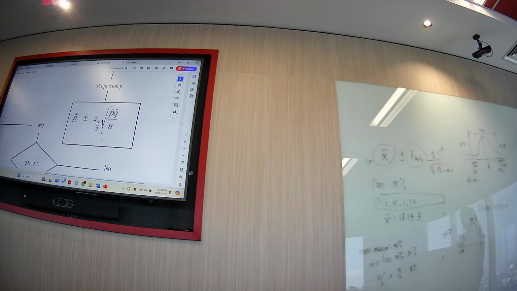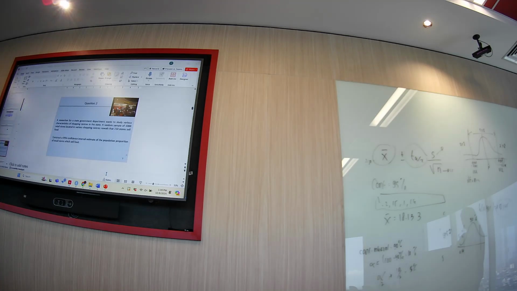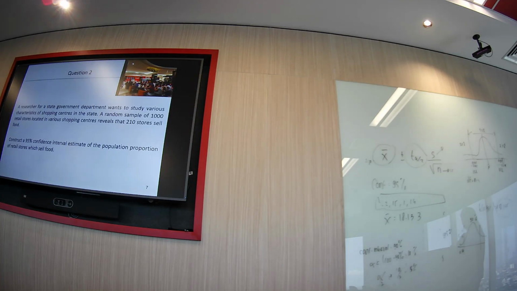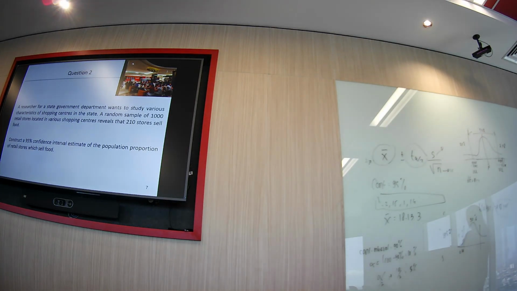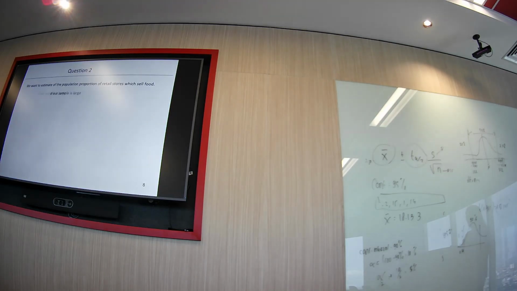Can I go back to the question? So here, do you know what n is from this question? It's 1,000. And maybe you can guess the p hat, the proportion of stores that sell food.